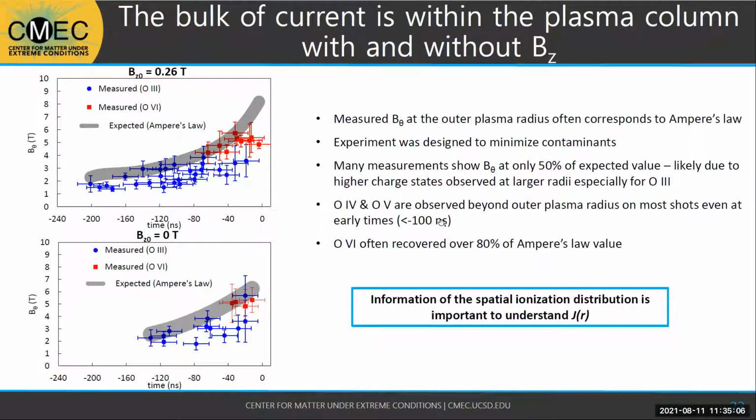We did a similar experiment with a couple of changes at the Weizmann Institute. The idea was to try to reduce the contaminants. What we found was that with or without axial magnetic field, we didn't find a big difference. We had the Helmholtz coils, instead of being located within the vacuum chamber, as a different set of coils outside of the chamber.